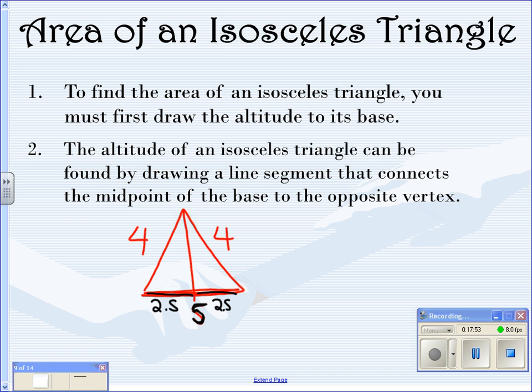Does that make sense? 2.5 squared plus whatever the height is equals 4 squared. And that's your altitude. Does that make sense? That'll be the height.